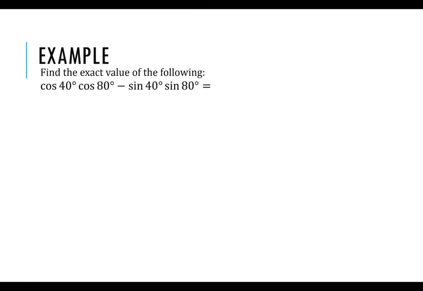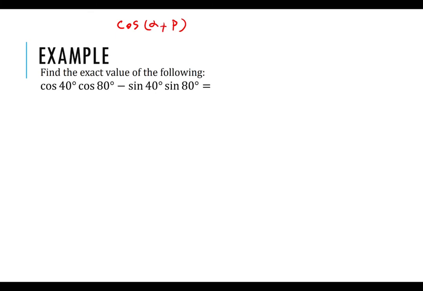Just like we can tear these things apart, we can put them back together. So notice that here I have cosine of 40 degrees times cosine of 80 degrees minus sine of 40 degrees sine of 80 degrees. And I'm thinking about what my formulas are. But since I have cosine, cosine, sine, sine, that's really going to be the cosine of alpha and beta, but because it's minus, that means that it's going to be plus.